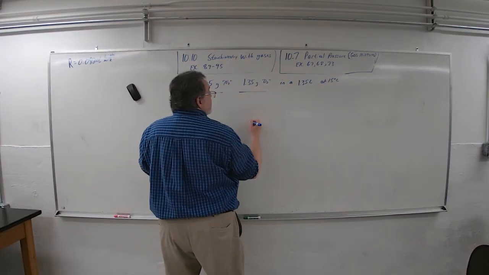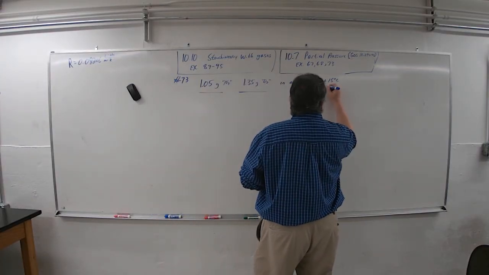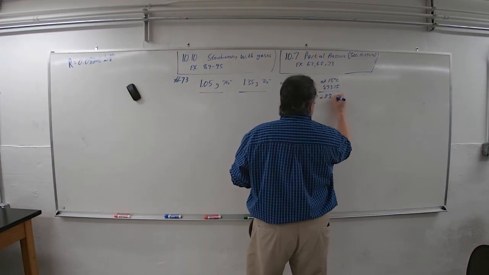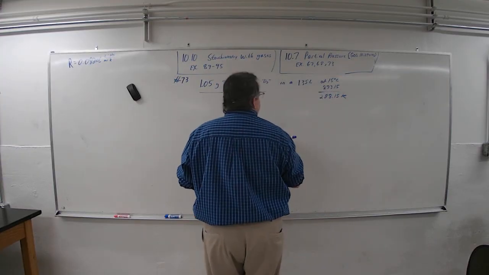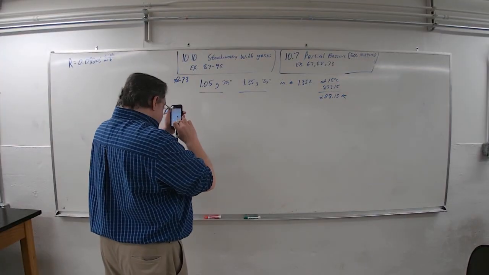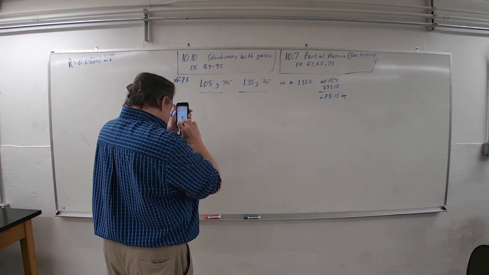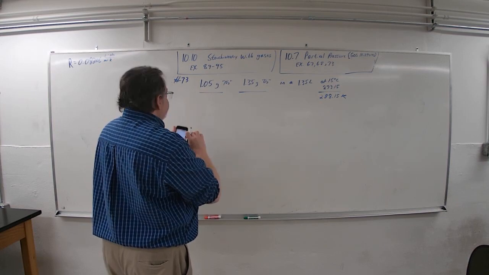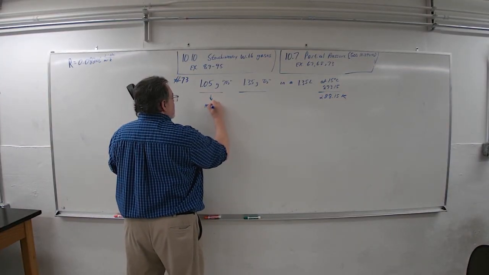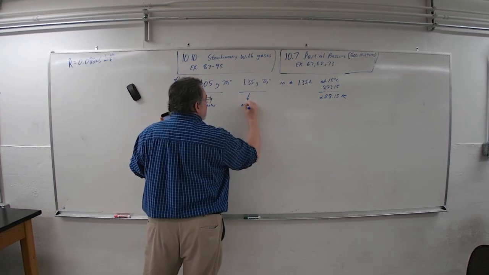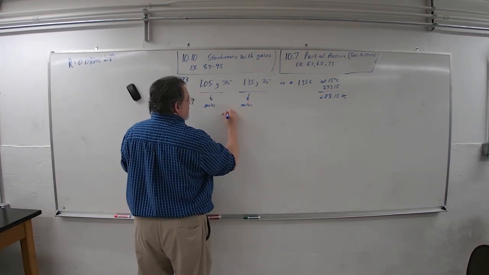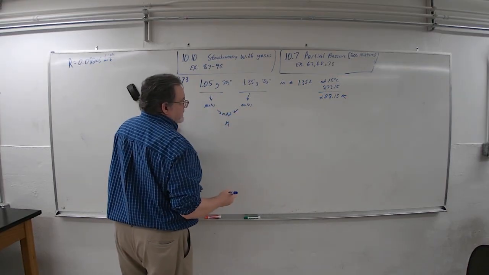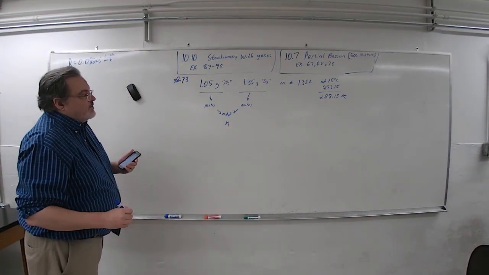So we've got this, and we've got this. Okay, the first thing we'll do, we're going to need to get those moles, add them together, and that gives us n for the PV equals nRT. So we've got to find the total number of moles first.